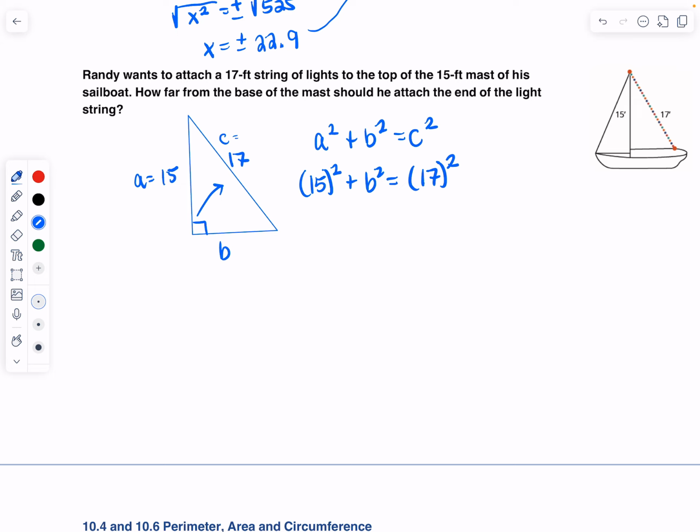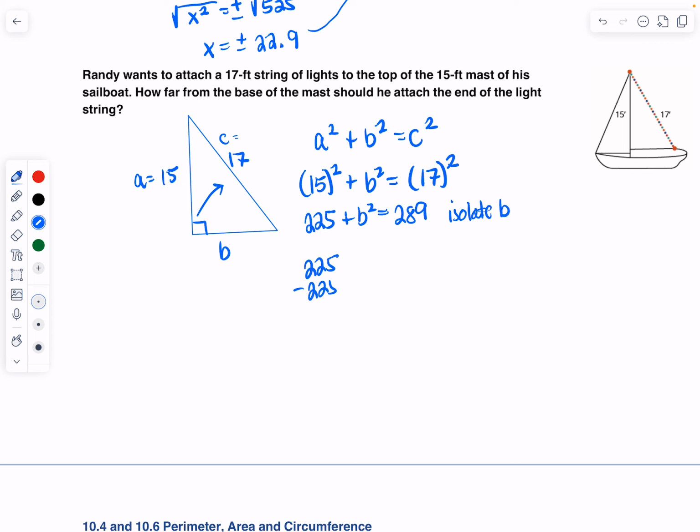Okay, so let's figure out what we got here. So we're going to have to do 15 squared. And that's 225. Plus B squared equals, now I need 17 squared. And that's 289.